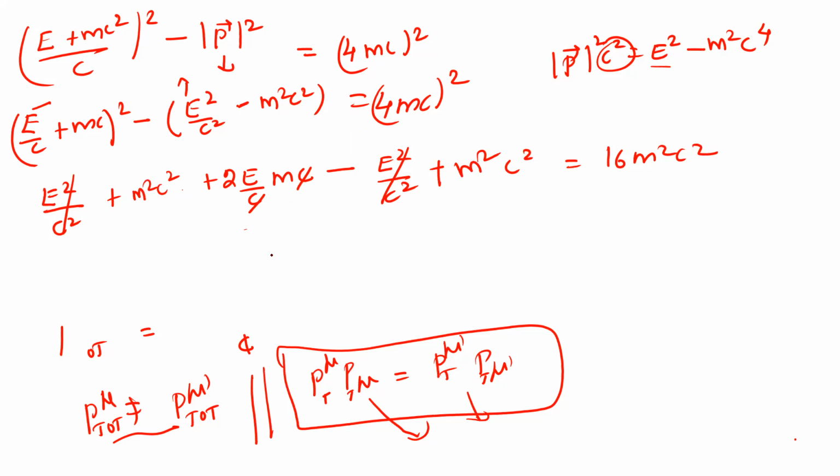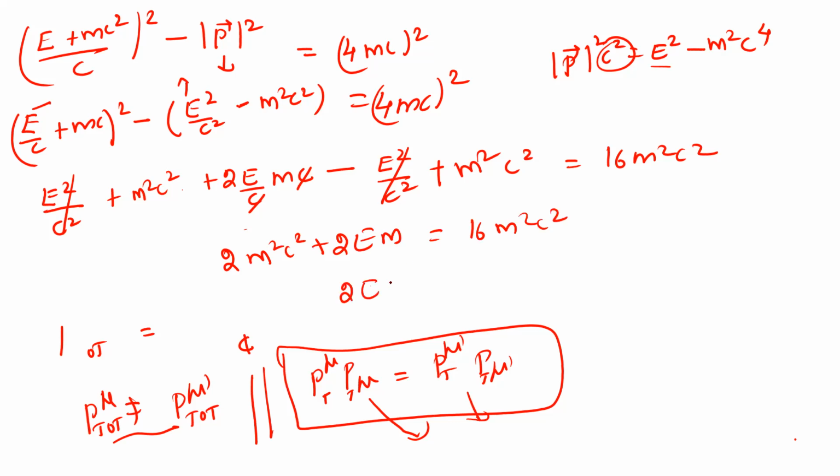So you see that this is 16 minus 2. So 2m square c square plus 2Em is equal to 16m square c square.